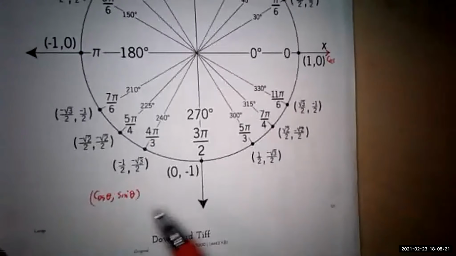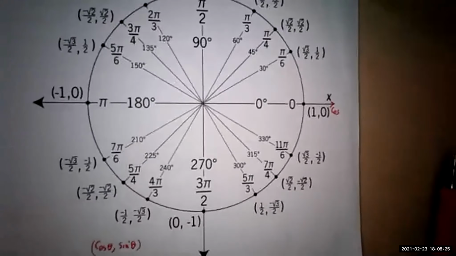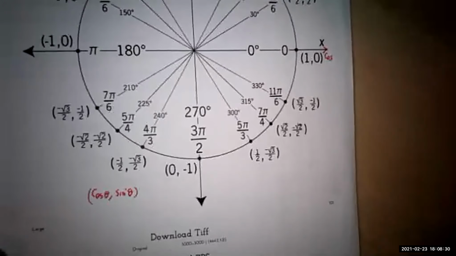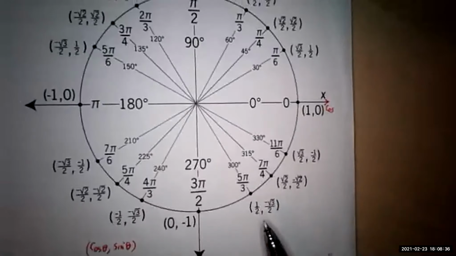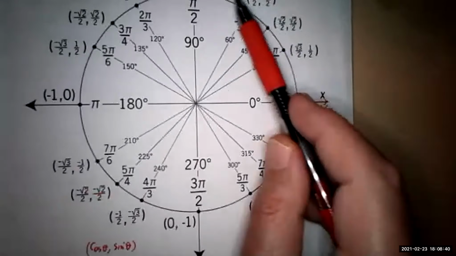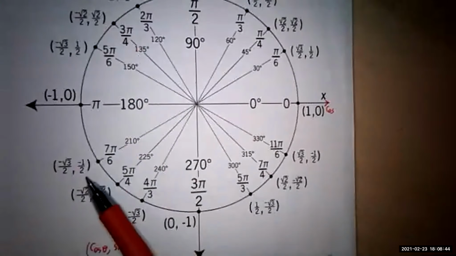So write a note for yourself so that you're not going to miss it. For example, if you are looking for an angle whose sine is negative 1/2, since you are looking for the sine, you go with the second component to find it. You find one here, negative 1/2.